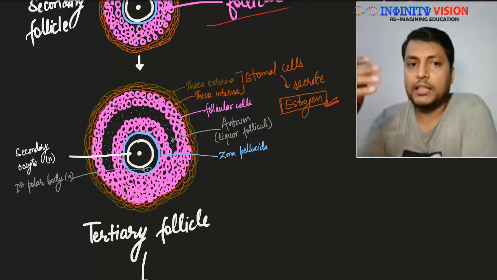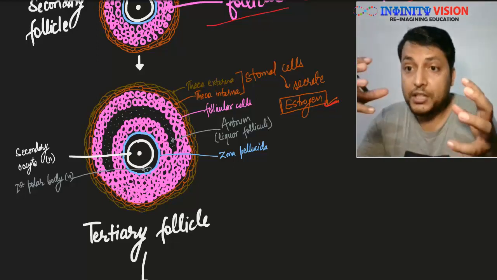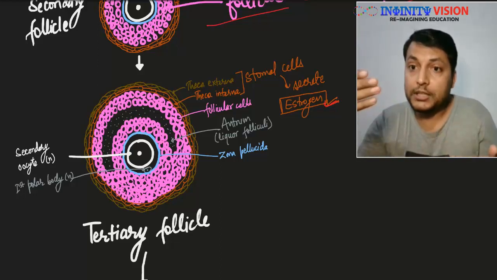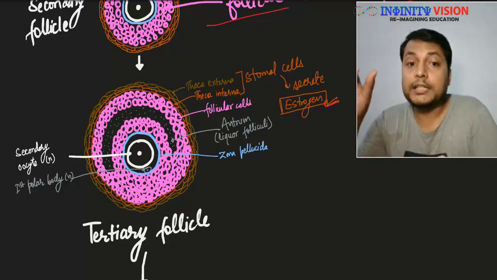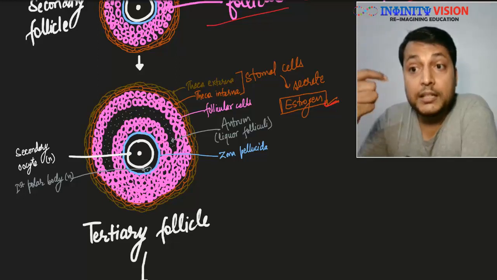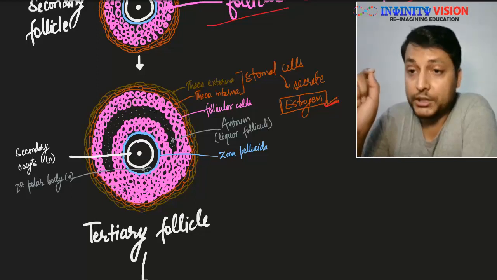Now this theca interna is part of this growing ovarian follicle. Hence, we say that estrogen is secreted by the ovarian follicles, in particular the cells of theca interna. Which type of cells? Stromal cells. Do remember these points, they are important.